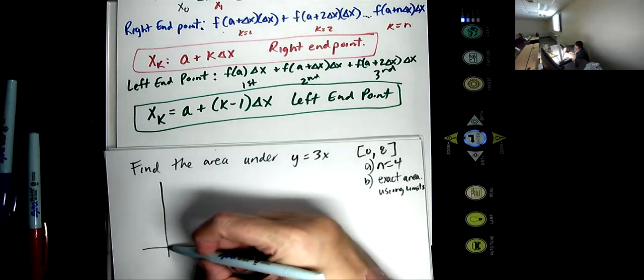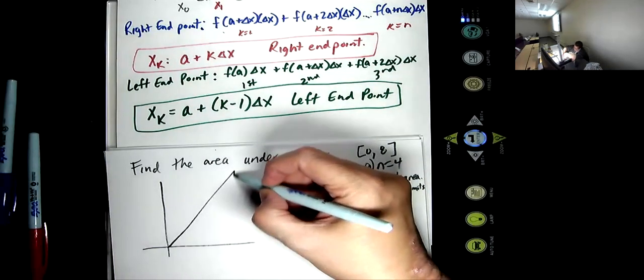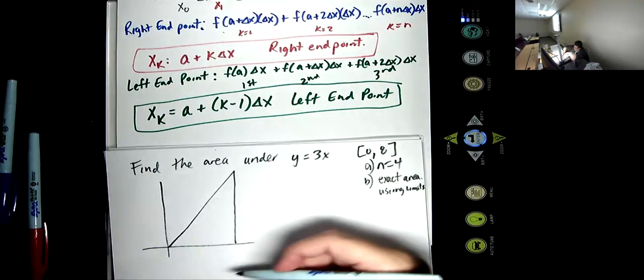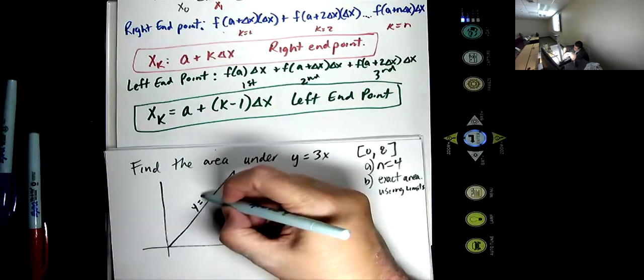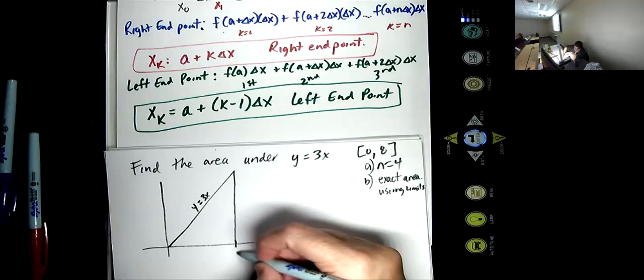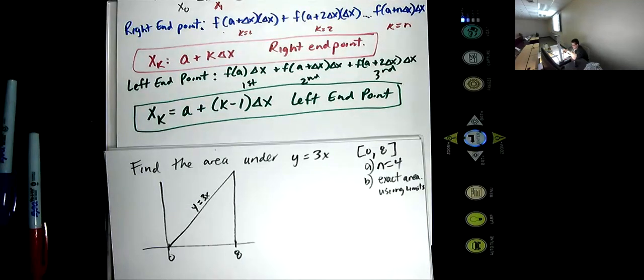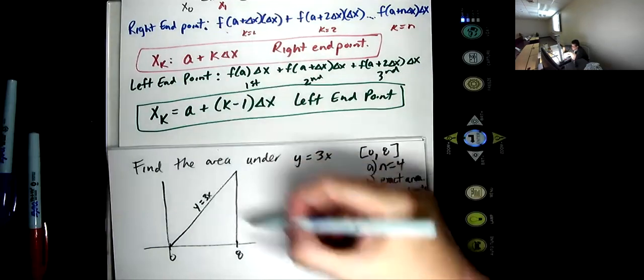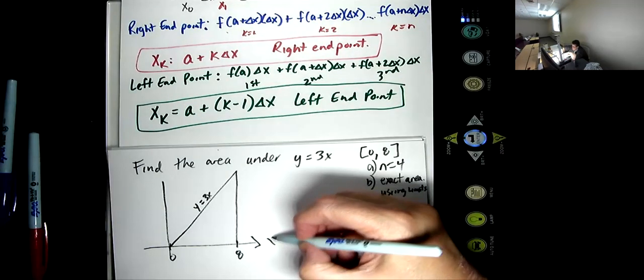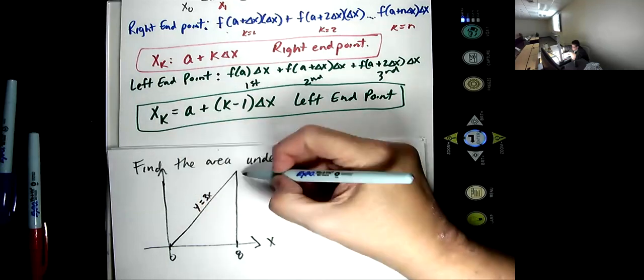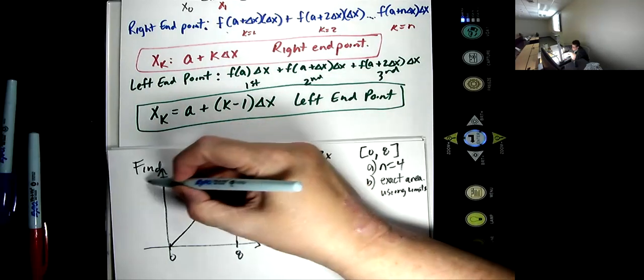But I think we can start off right away and identify what the area is. If this is y equals 3x, when I get up to x equals 8, this is y equals 24.